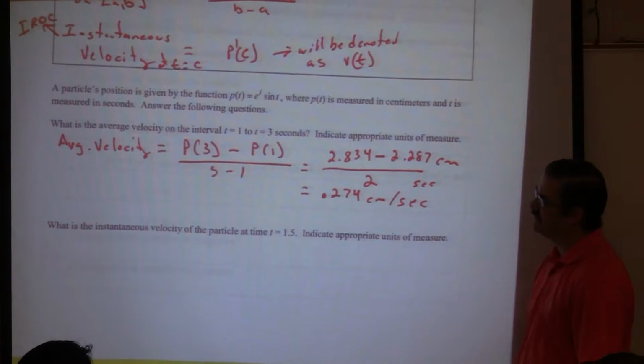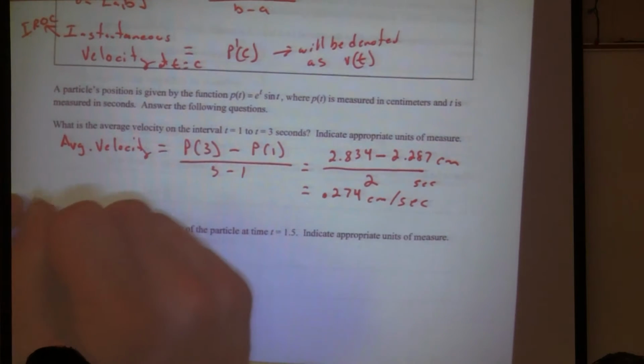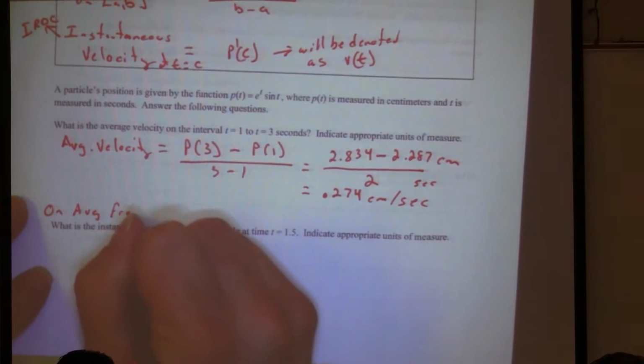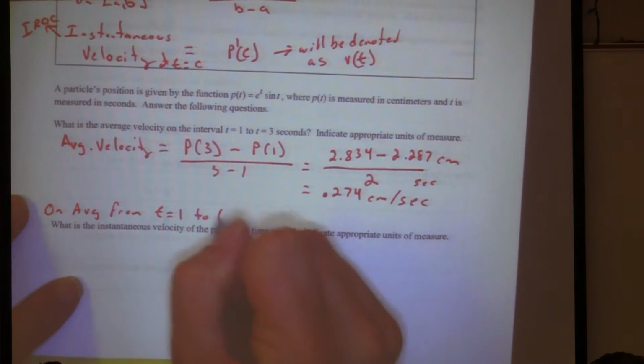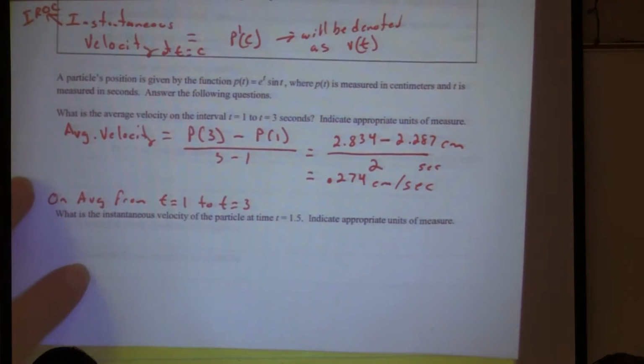Okay. So what does that describe in terms of the problem? What could we say? On average, from t equals 1 to t equals 3, what could we say?